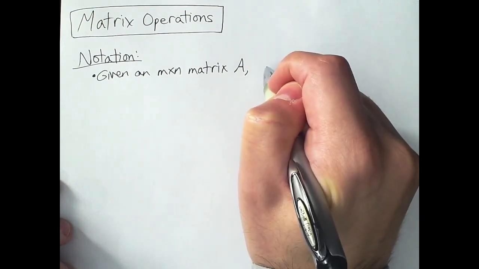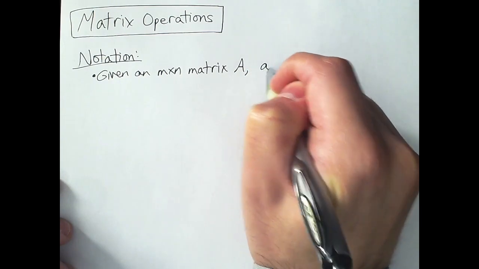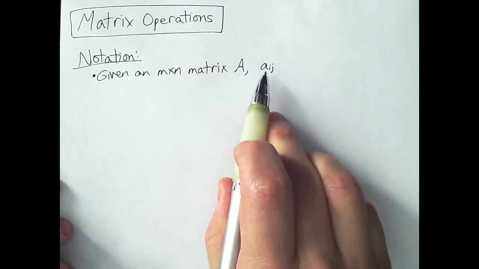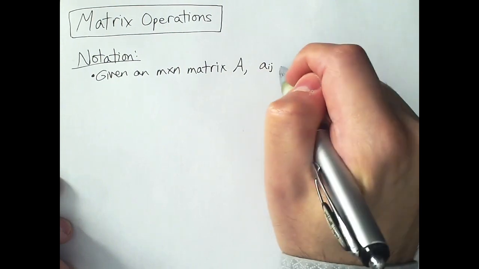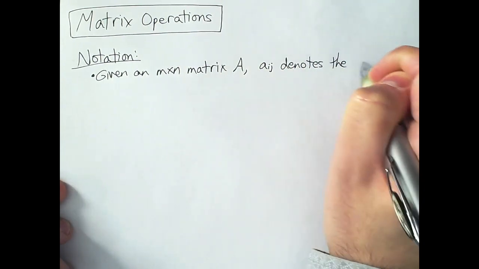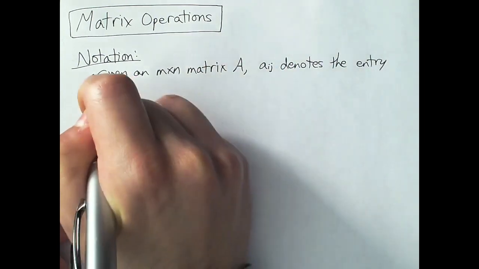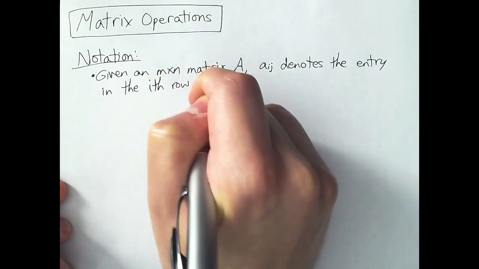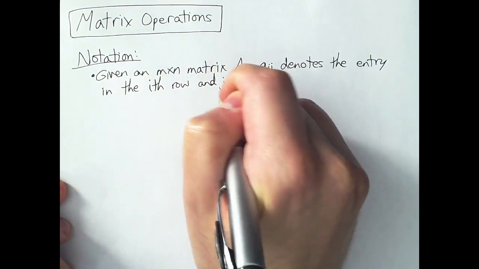Anyway, given a matrix A, a_ij, where the i and j are subscripts, denotes the entry in the ith row and jth column.